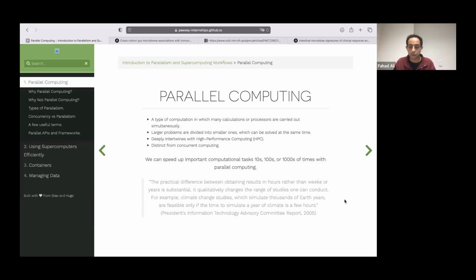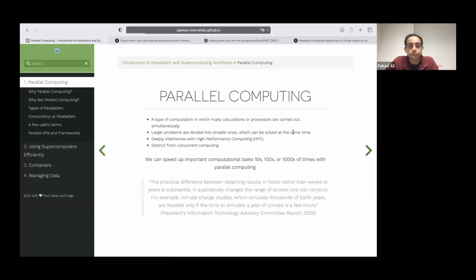For example, if you had a climate change study where you're simulating the climate over thousands of years, these studies can only be done if the time it takes you to simulate a single year is a few hours, as opposed to multiple days or multiple years. So parallel computing gives us that speed up that is super important to do much of the really intense computational research work that we'll be working with here at Pawsey.